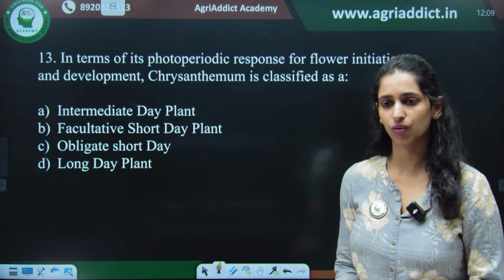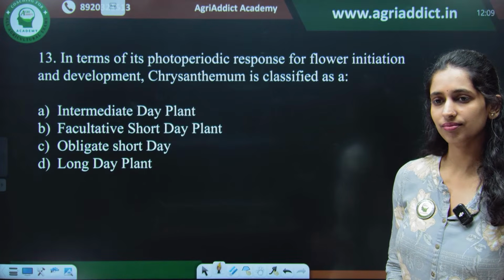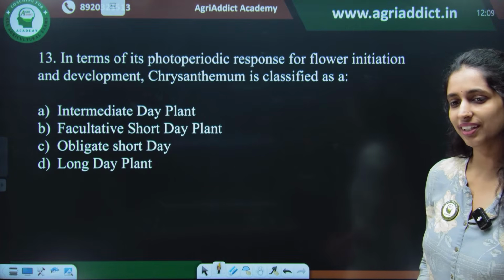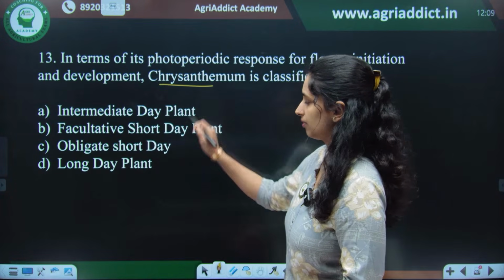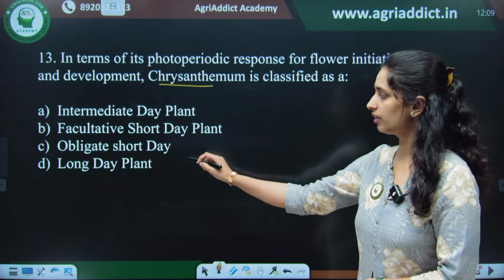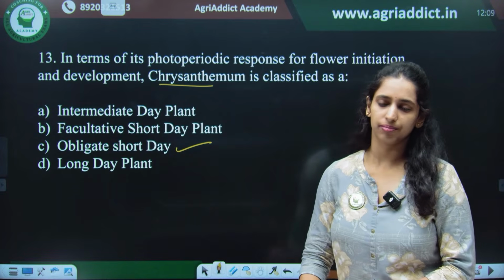Can anyone say what is the correct answer? Not a long day. You all know chrysanthemum is a short day. In short day, you may get confused with whether it's a facultative or obligate. Chrysanthemum is an obligate short day.